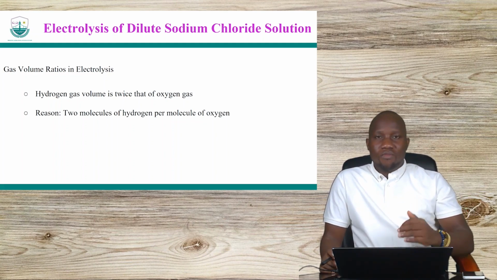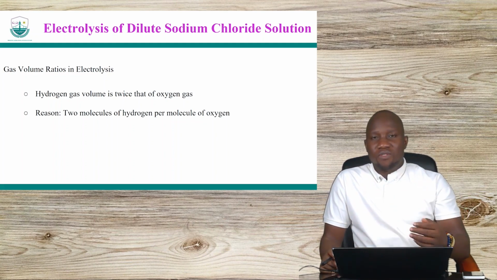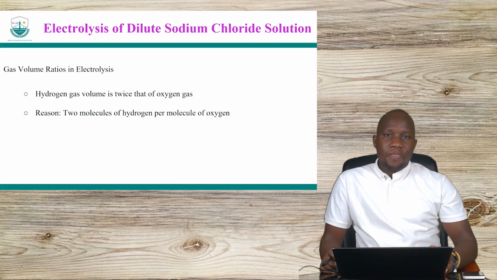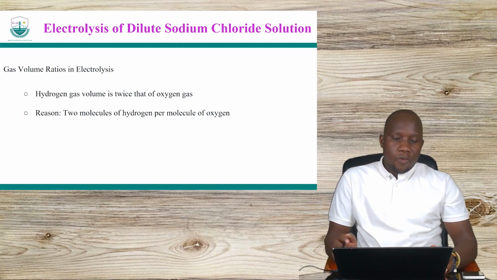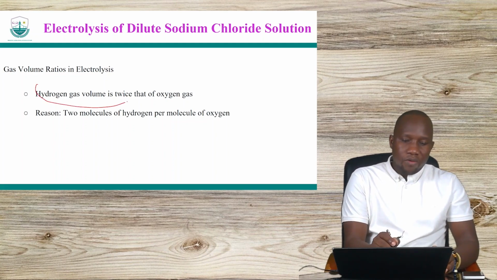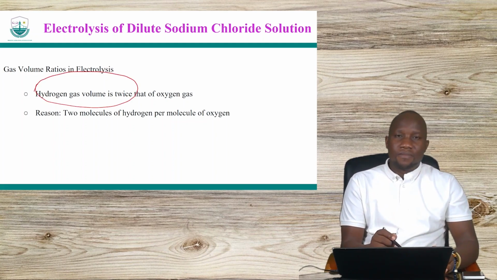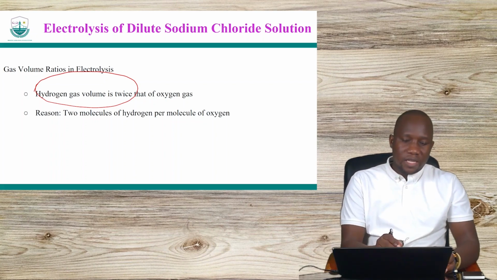If you know the volume of one of the gases, then you can know the volume of the other. We have hydrogen being produced twice as much as oxygen. So that means the ratio is basically 2 to 1.